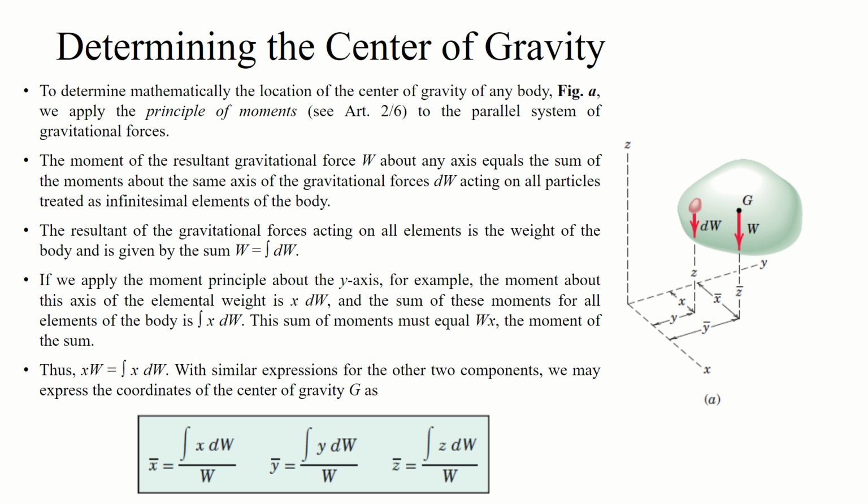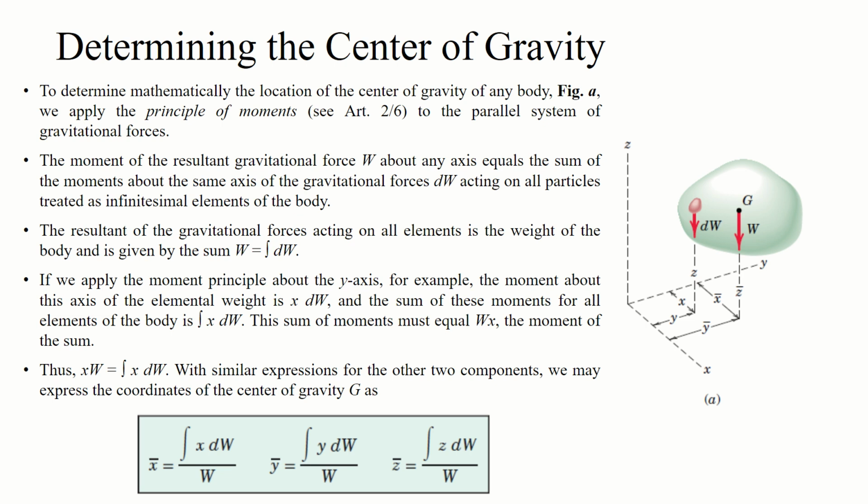With similar expressions for the two other components, we may express the coordinates of the center of gravity as x prime equals the integral of x dW divided by W, with distance x from the corresponding axis, distance y, and distance z. We find these moments and divide by the actual weight to find the mean position x prime, y prime, z prime.